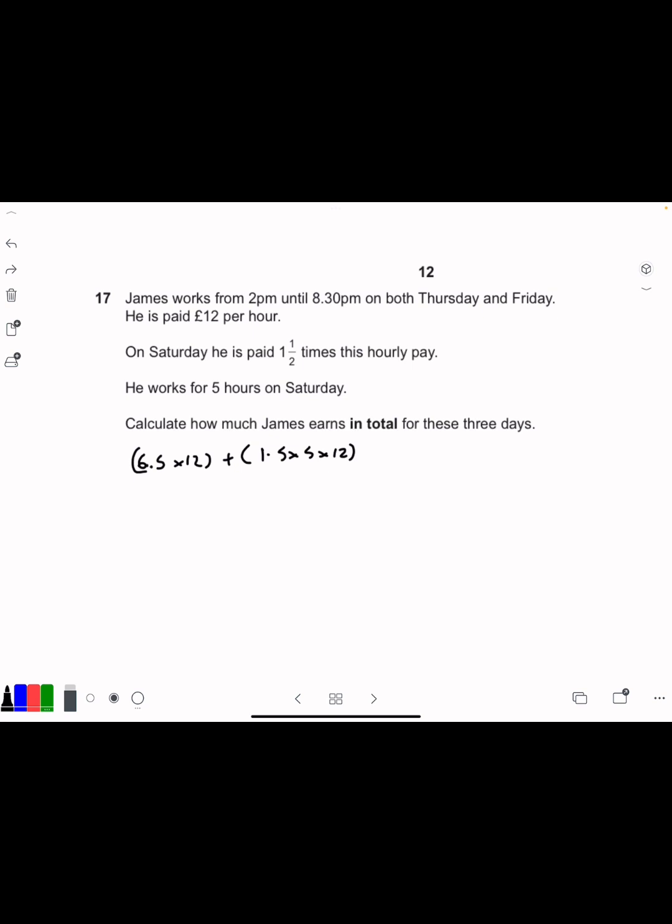So it would be 6.5 times 12 times 2. Or just add it again. That would give you £246.